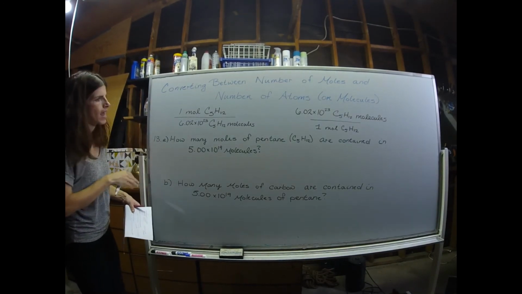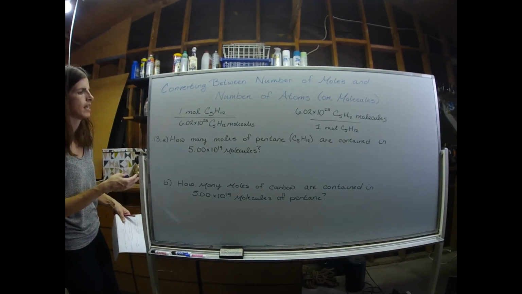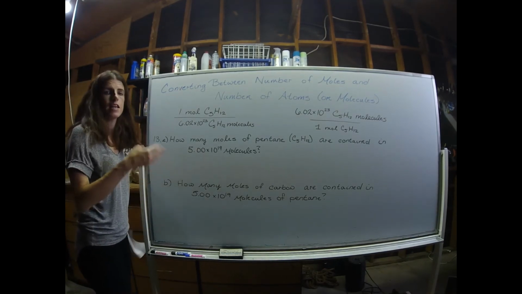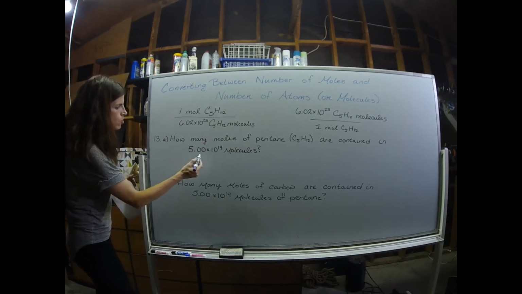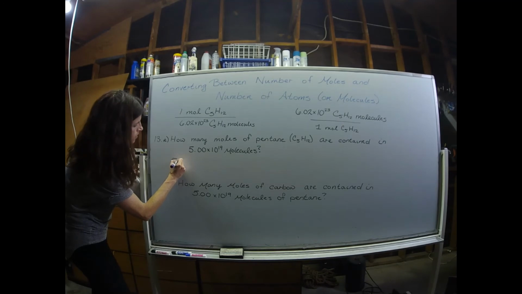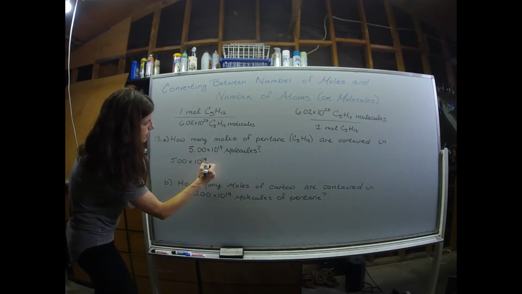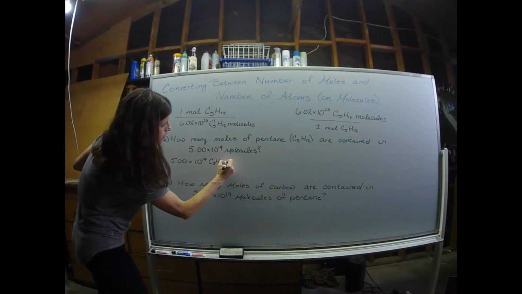So I put an extra part on this, and hopefully it helps. But on part A, the question is, how many moles of pentane are contained in 5.00 times 10 to the 19th molecules of pentane? So we're going to start with the number that they gave us. So 5.00 times 10 to the 19 pentane molecules.